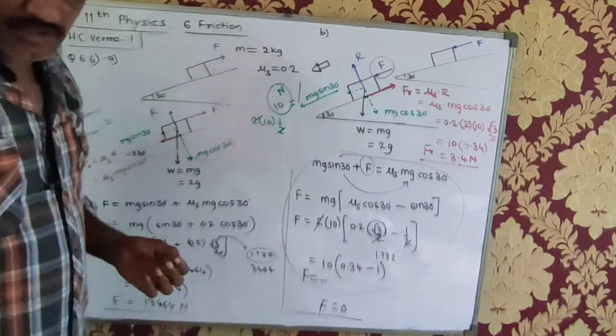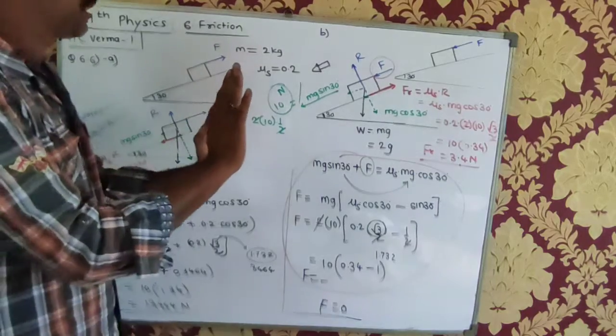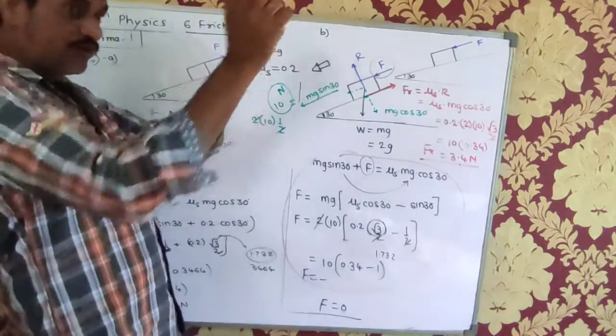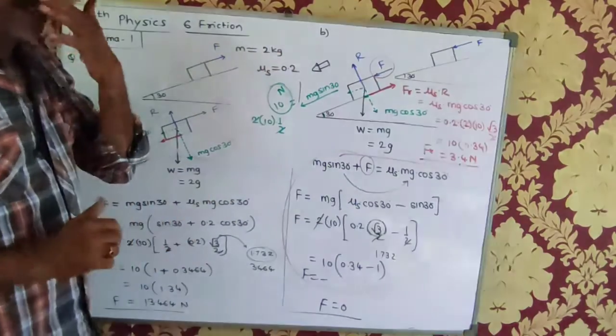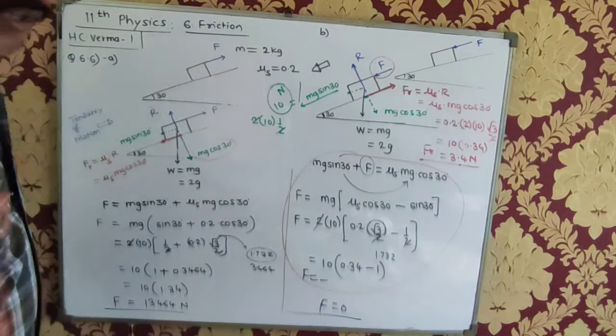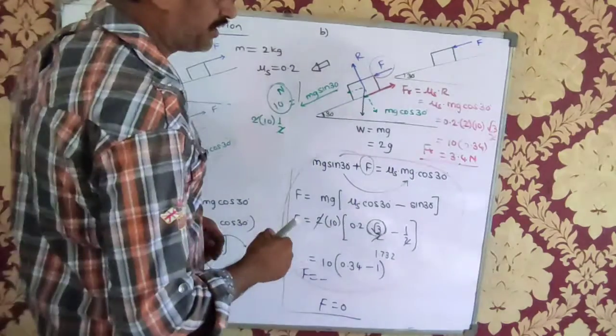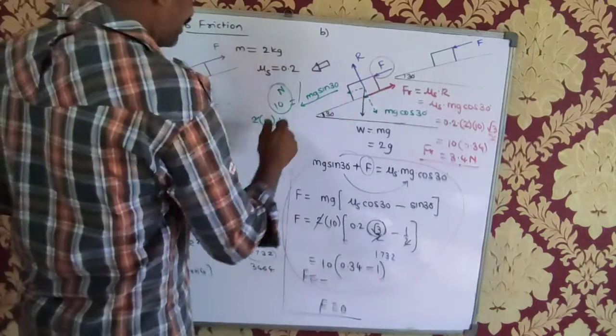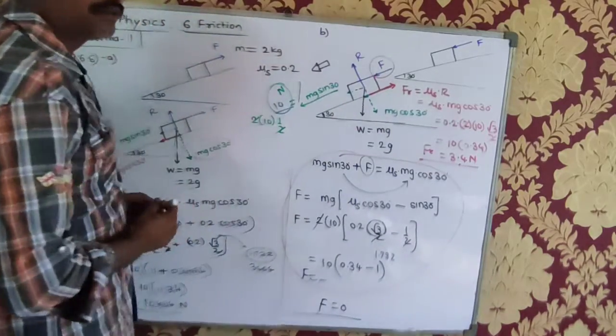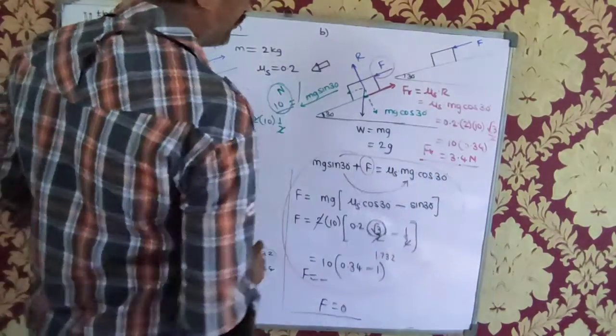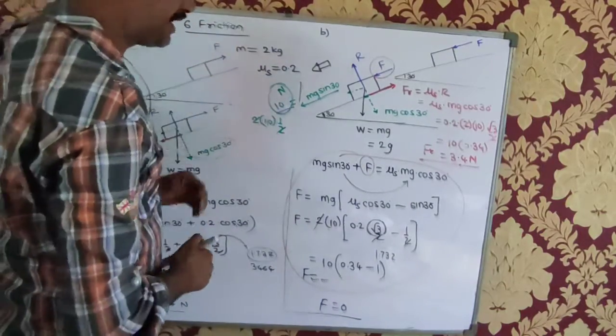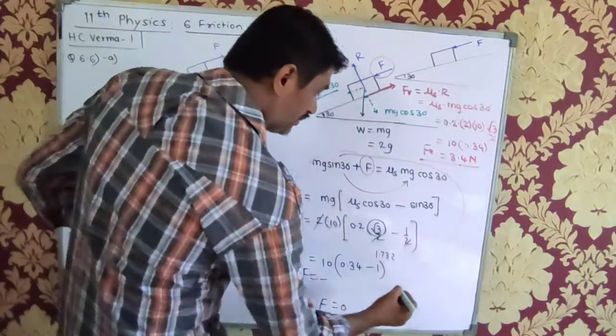I will ask a further question. How much force is required to stop the block from falling down? If I redefine the question, because the downward acting force is more, how much? 10. Upward acting friction is 3.4. So what is the extra force there? 10 minus 3.4.